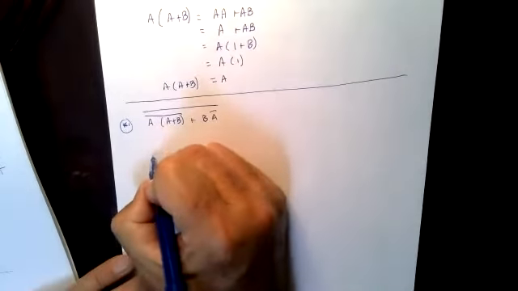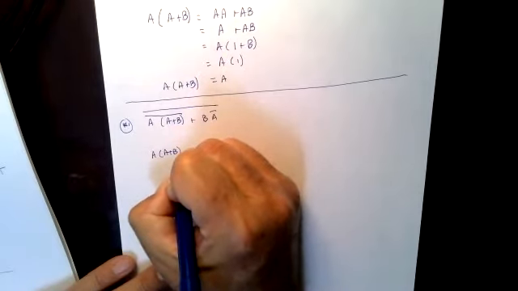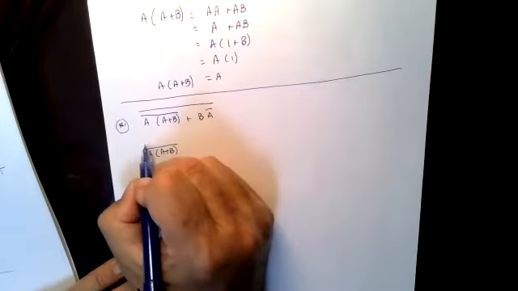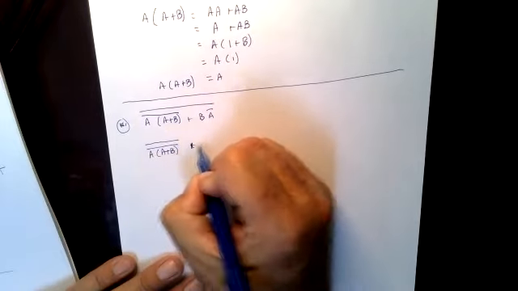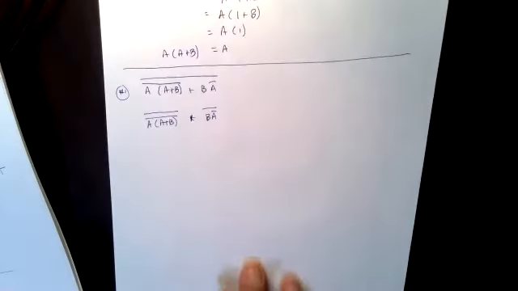And what does that become? That becomes the not of the first times the not of the second. What do we have going now?